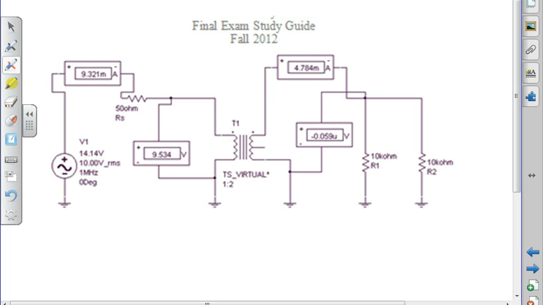So AC. So the answer is this meter is a DC voltmeter in an AC circuit. This is basically reading 0 volts here, 0.059 microvolt.